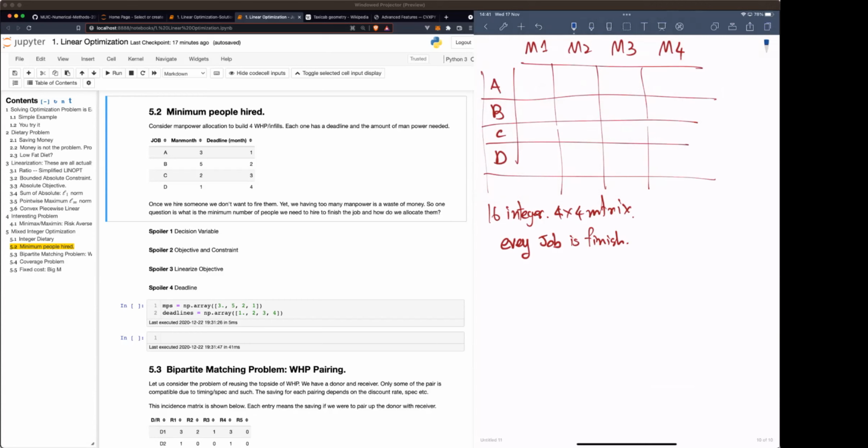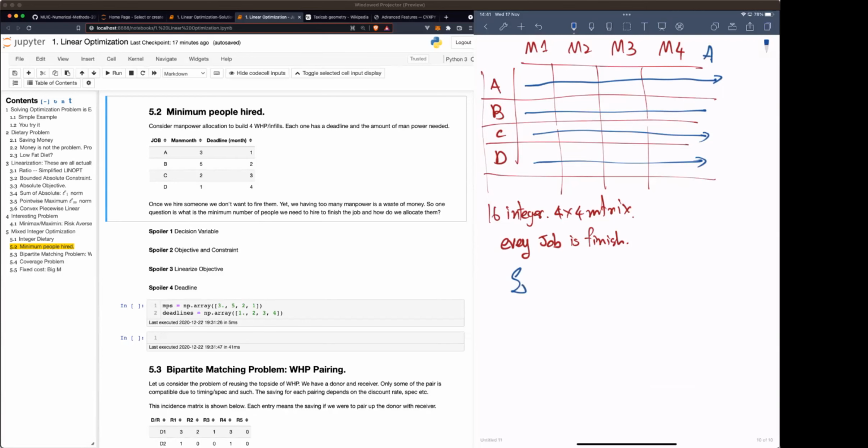A, B, C, D reach a certain amount. Very good. Or you can say that the sum of each row needs to be equal to the number of man-months required.